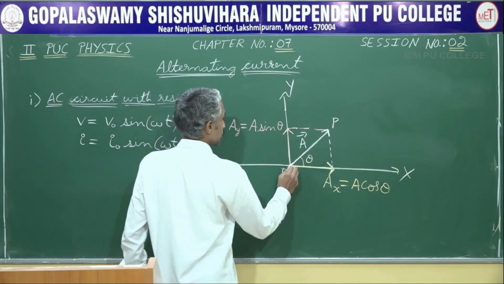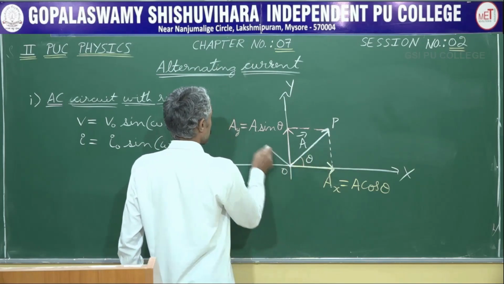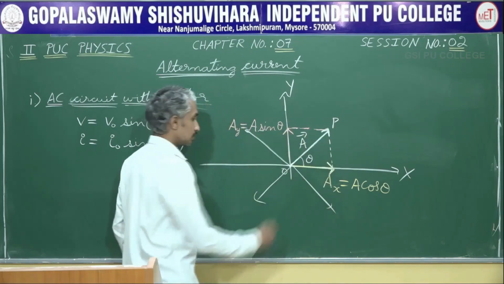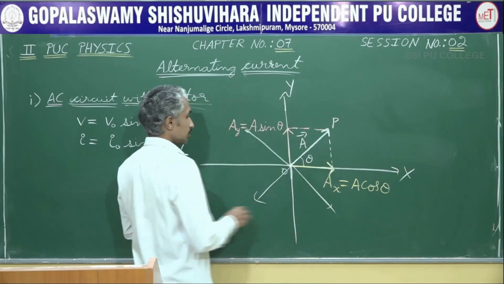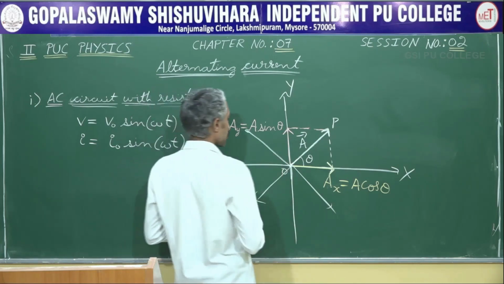If you rotate this vector A about the point O, so just keep rotating, then the x component and y component also keeps on changing.